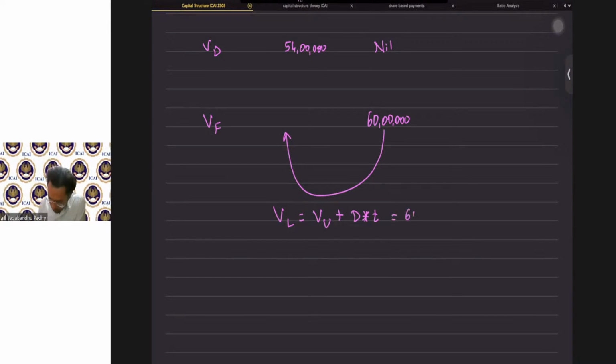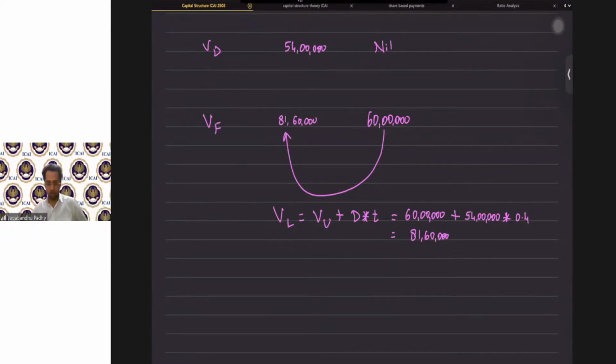So value of unlevered is 60 lakh plus debt, which is 54 lakh multiplied by a tax rate of 0.4, right? So this works out to be 81 lakh 60,000. The value of the firm works out to be 81 lakh 60,000.